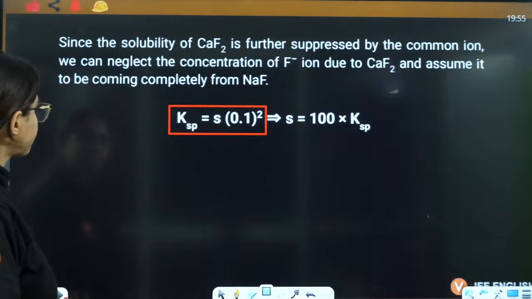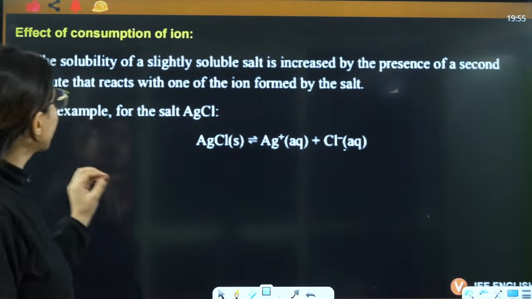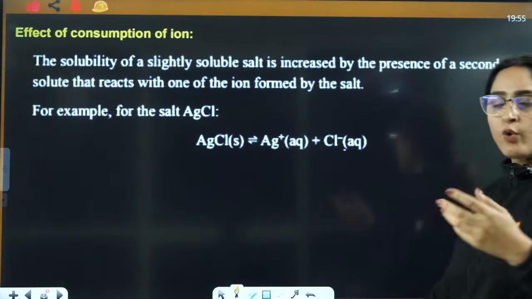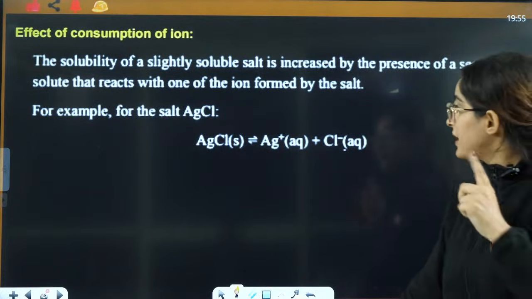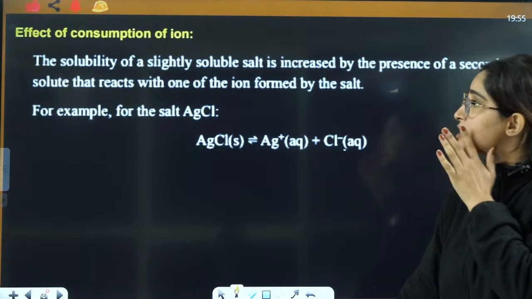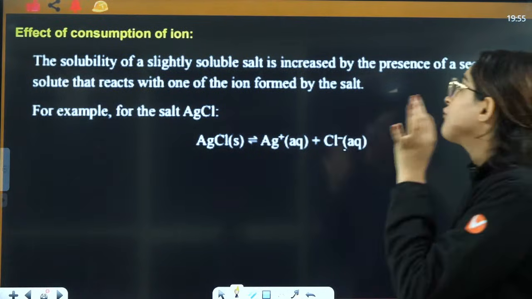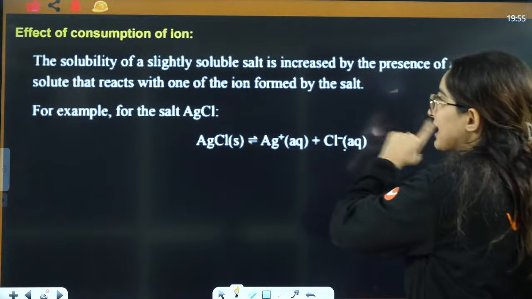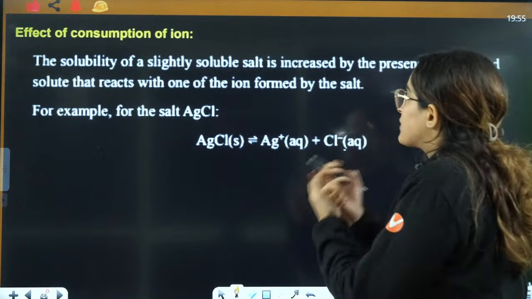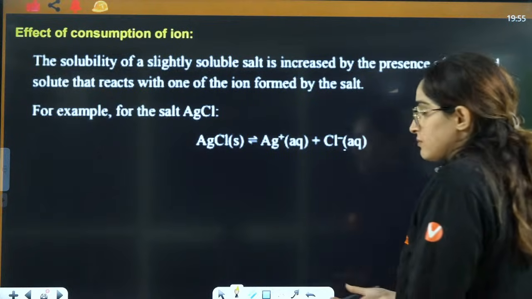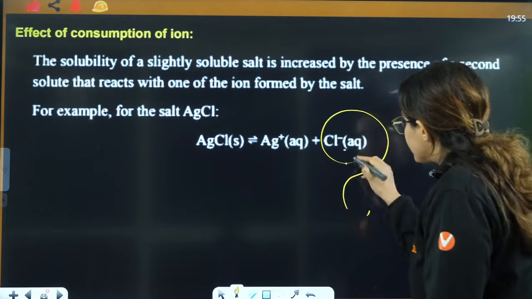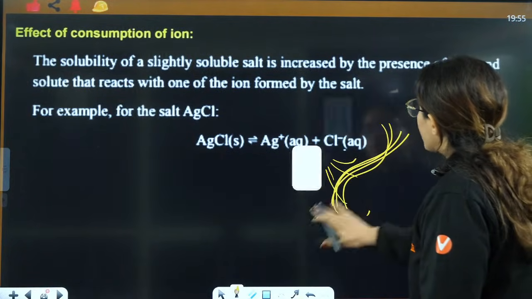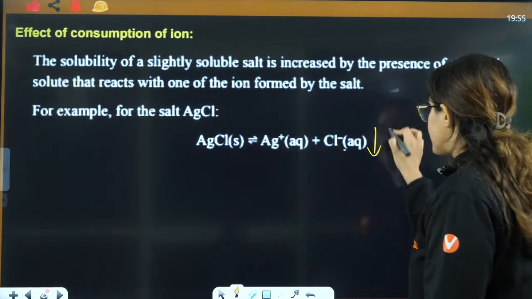Now let's see the effect of consumption of ions. There we said some extra common ion is there. Here we are saying if there is some ion that is being consumed, the solubility of a slightly soluble salt is increased by the presence of a second solute that reacts with one of the ions. If some solute is eating this ion, its concentration is getting decreased.